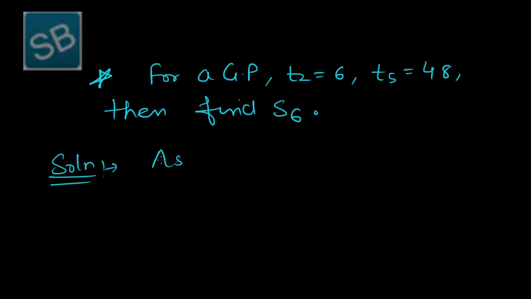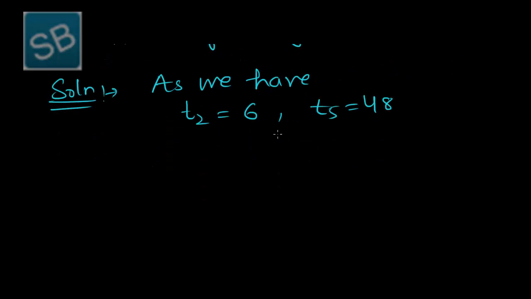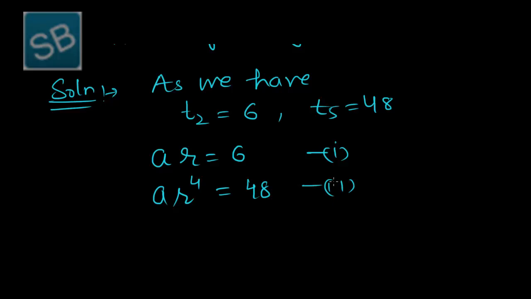As we have T of 2 is equal to 6 and T of 5 is equal to 48, then T of 2 means AR is equal to 6 and T of 5 means AR raised to power 5 minus 1, that is AR to the 4, is 48. This is number 1, this is number 2.